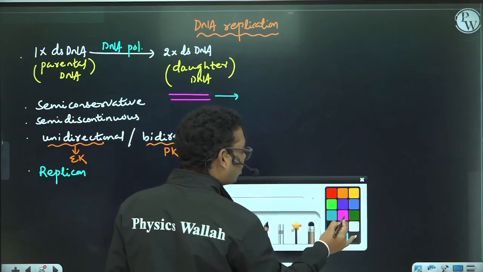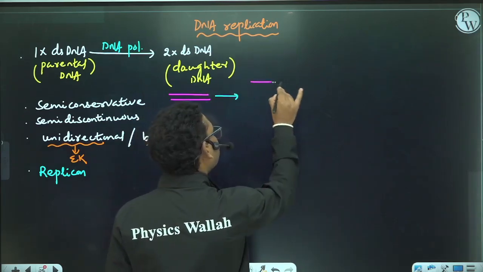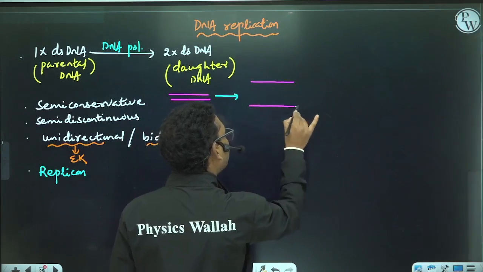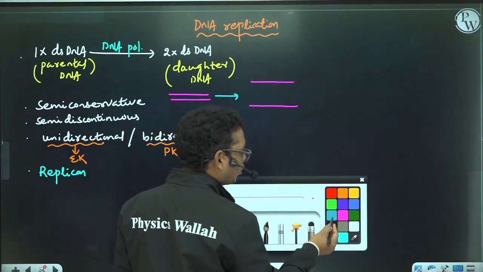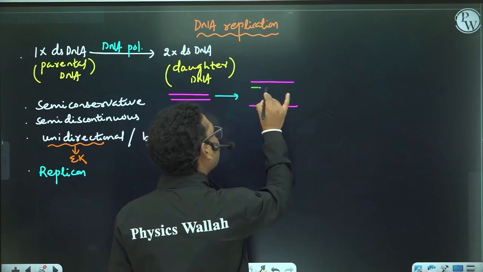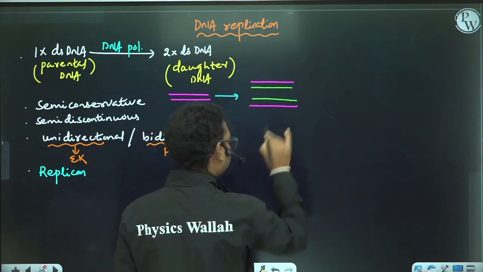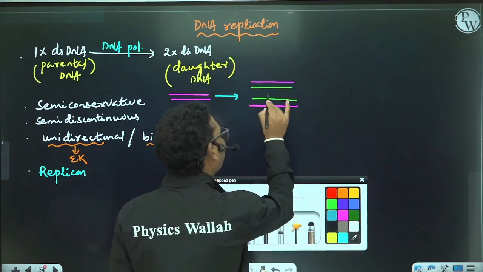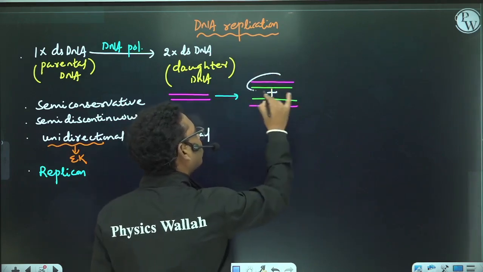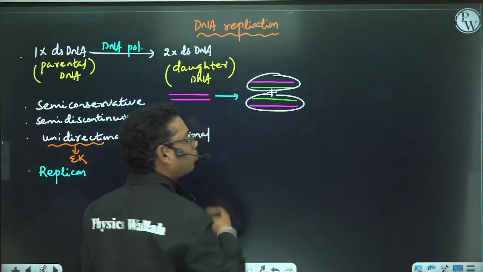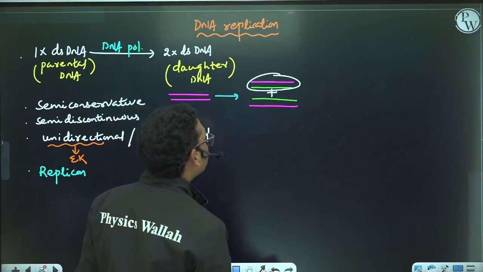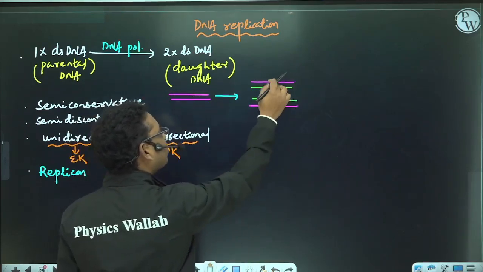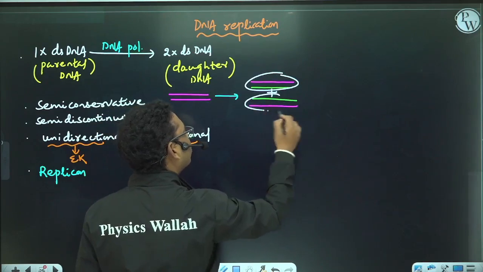When it underwent replication, it produced two DNA molecules. Suppose this is one daughter DNA molecule and this is another daughter DNA molecule. Here I will say this is parental DNA, this is daughter DNA, this is another daughter DNA.